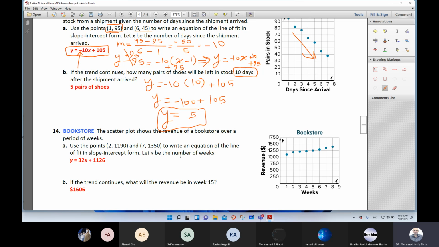So x means the number of weeks. This is here positive correlation. Right. I want from all to try to solve the slope. Then tell me please, what is the value of slope here? Use the 2 points here, the first point and the second point, and please solve the slope.